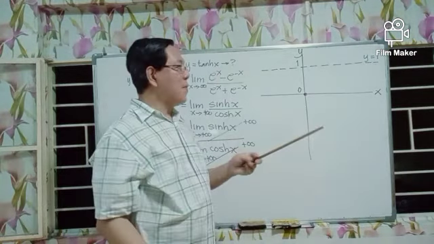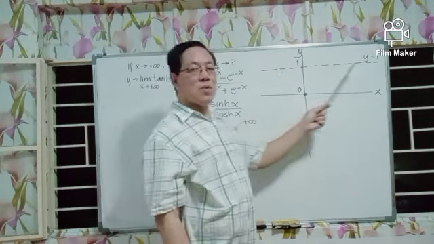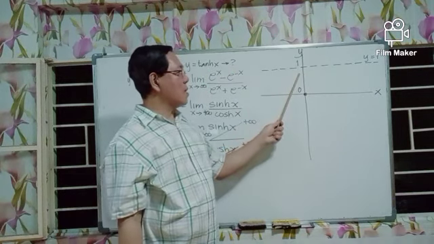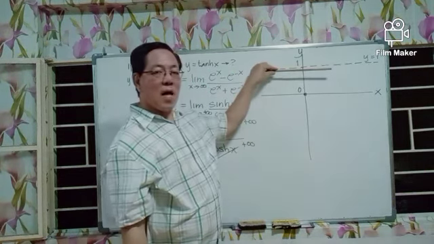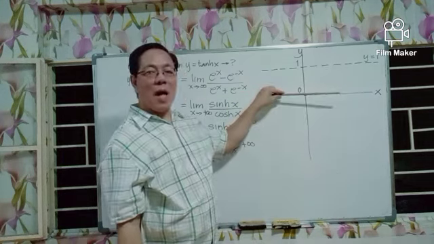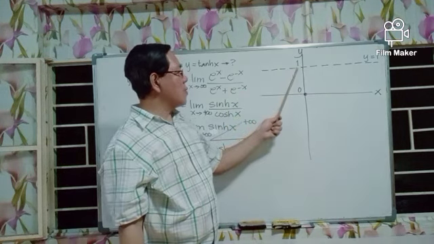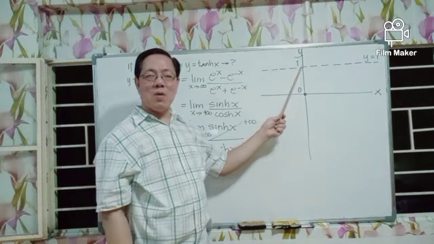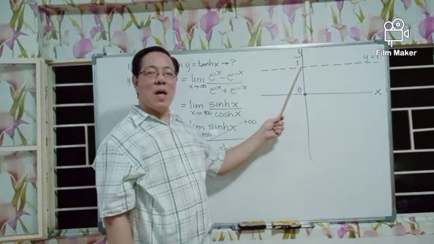This is the graph of the line y equals 1. It is parallel with the x-axis, perpendicular with the y-axis, and it's passing through the point y equals 1 in the positive y-axis.